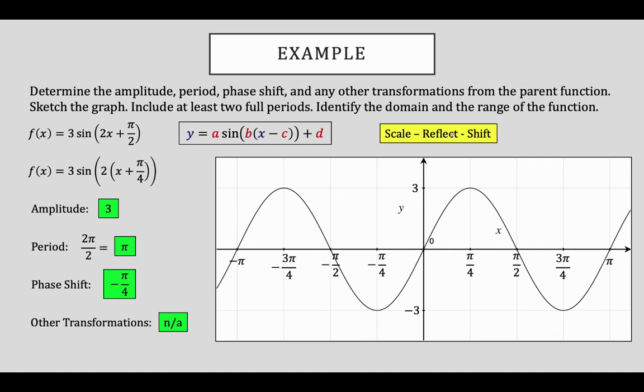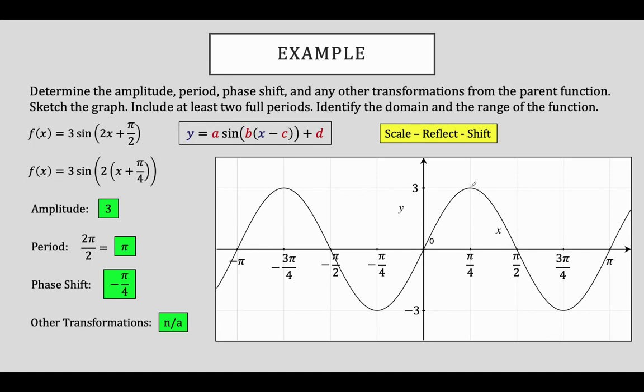Next, reflect. Well, we don't have any reflections to worry about, so we can move on to our shifts. Let's start with our phase shift. Well, we don't have a vertical shift, so we only have to do our phase shift. This means every single point on our graph is going to shift to the left pi over 4 units.